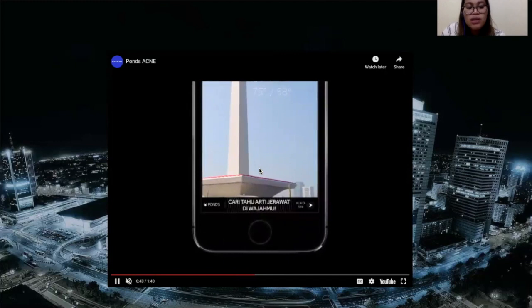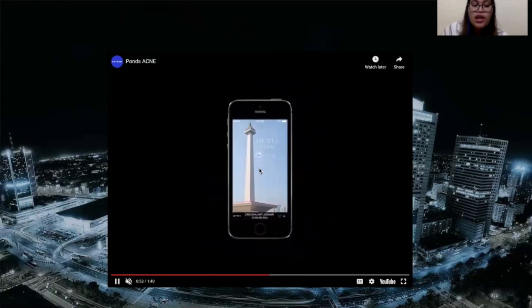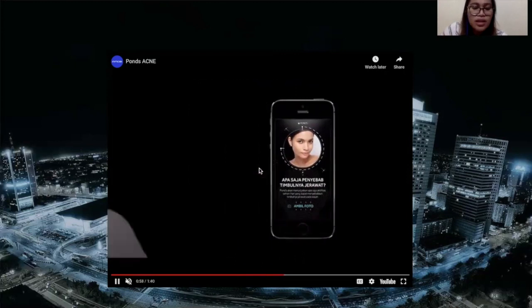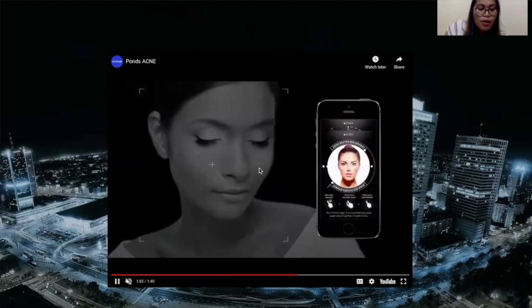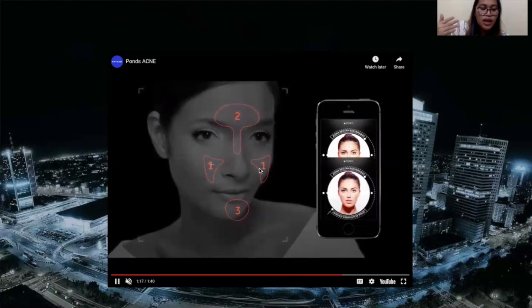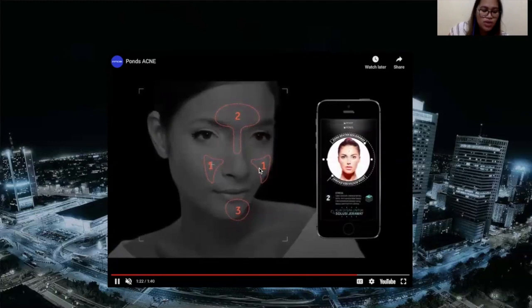They decided to target prospects who were using smartphones and used several filters. Pond's made their ad personalized by using the front-facing cameras in everyone's smartphones, without downloading anything or visiting other sites. When users look at their phone cameras, the camera tracks the various features of the face and automatically detects the acne-prone areas, such as in this video.